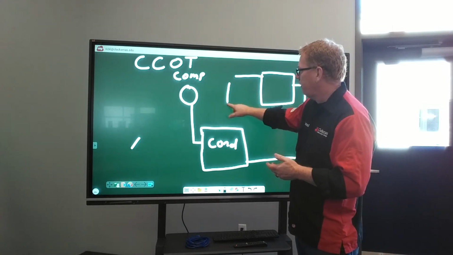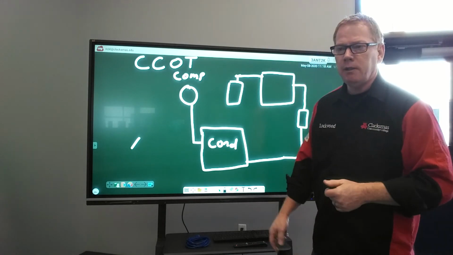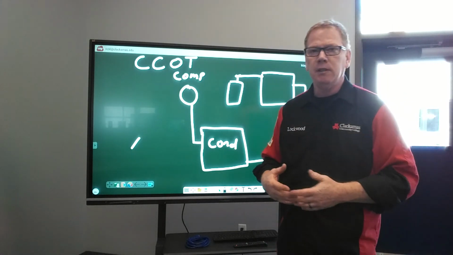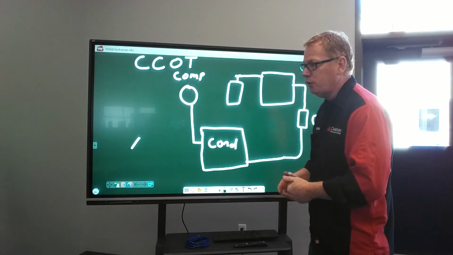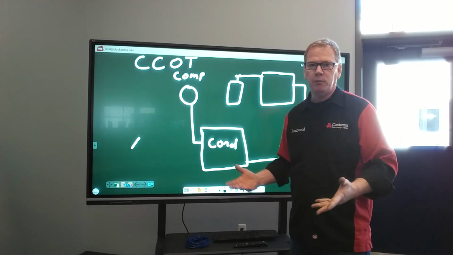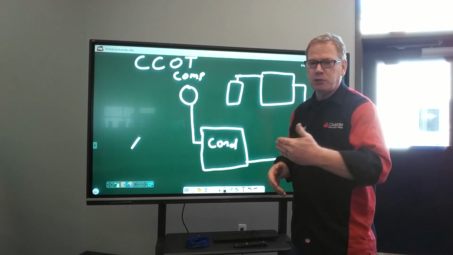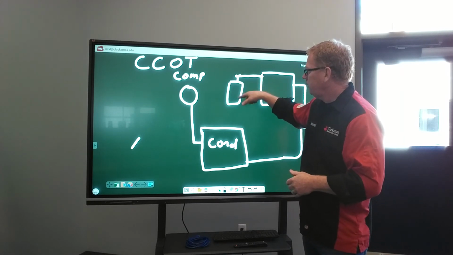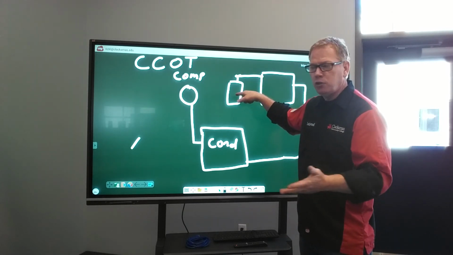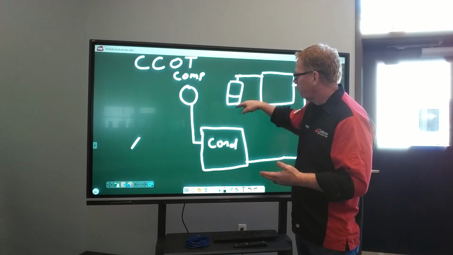So we add another component. This component is referred to as the accumulator, and an appropriate name. An accumulator accumulates liquid and will only allow gas or vapor to pass through. Okay? So as the refrigerant moves into the accumulator, all the liquid will drop to the bottom.